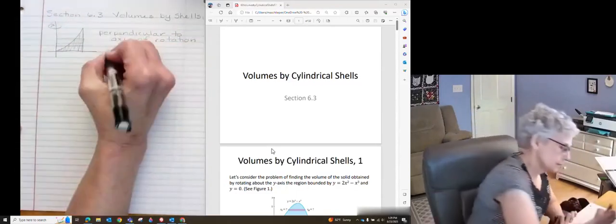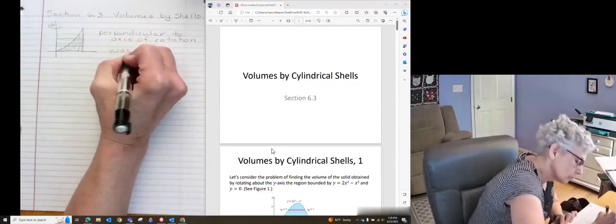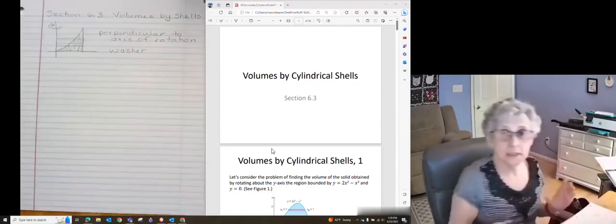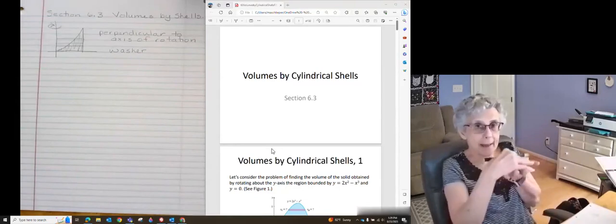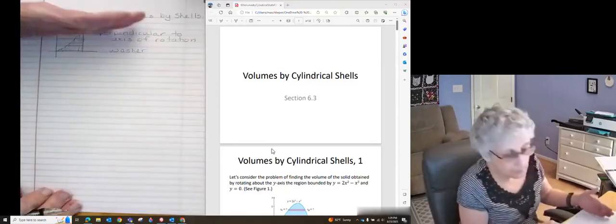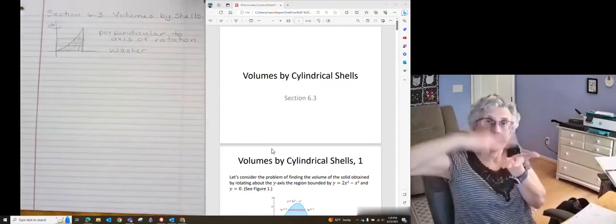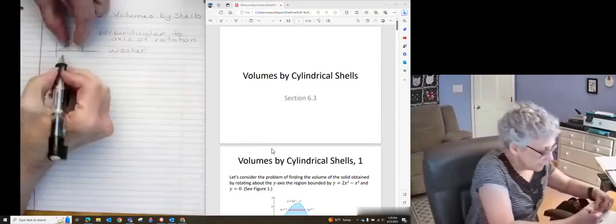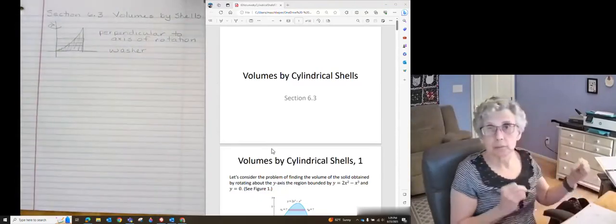And I used washers or discs. So it was almost like I had a bunch of sheets of paper stacked on top of each other, and I was adding up the volume of each little sheet of paper.